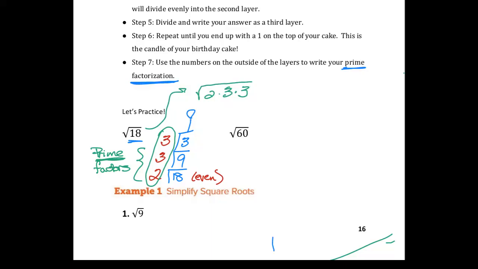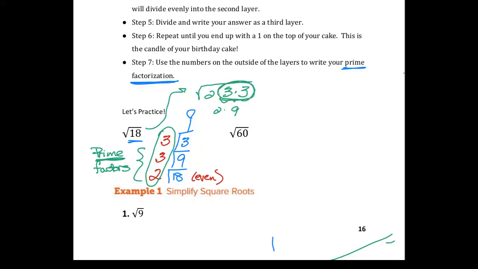When you have 2 of the same numbers multiplied together, we know that this is forming a perfect square, right? Because it's 3 times 3. And we know 3 times 3 is 9, okay? But I am going to take this out. And remember, a perfect square has 2 numbers that are the same thing.